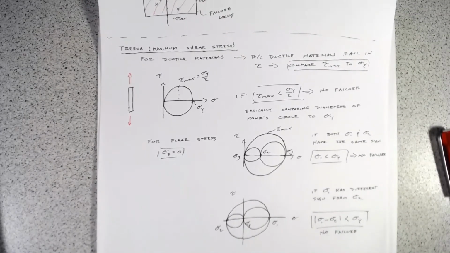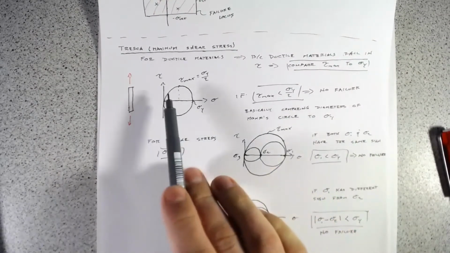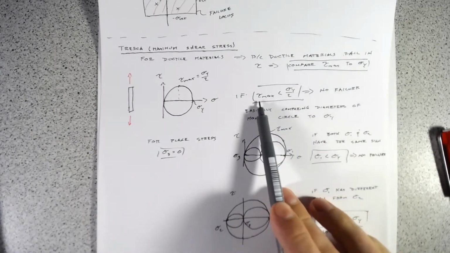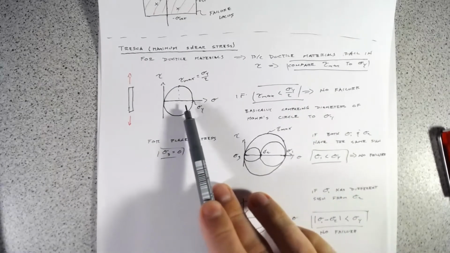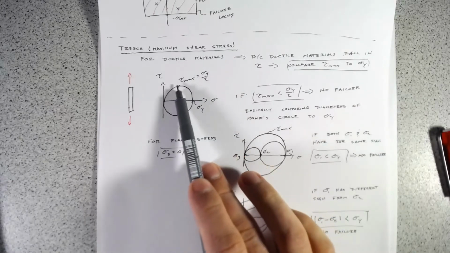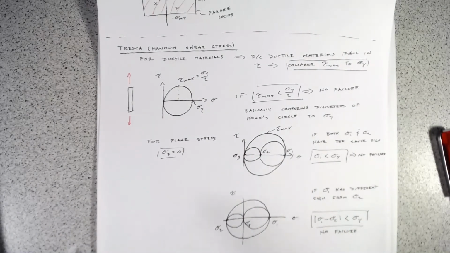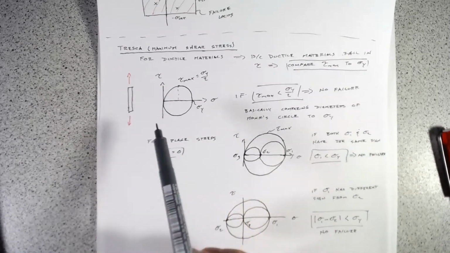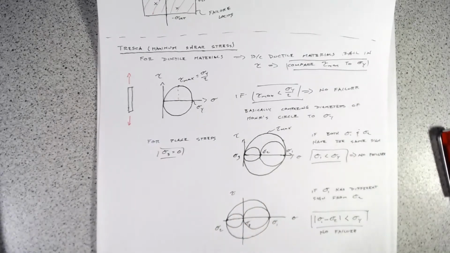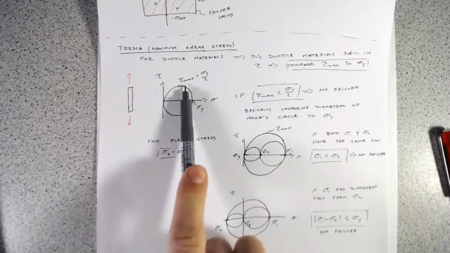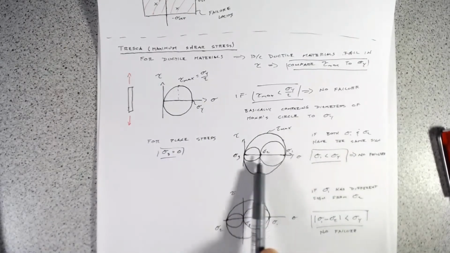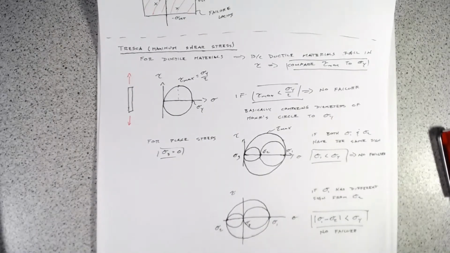And like I said, what we really care about for the Tresca is what our max shear stress is, and making sure that it's less than half of our yield. But because the Mohr circle gives us this nice mathematical equivalency, we can do this same comparison simply by comparing the diameters of our Mohr circle.